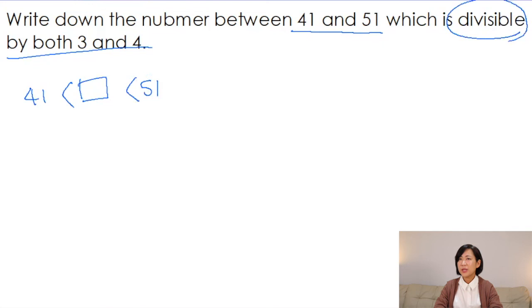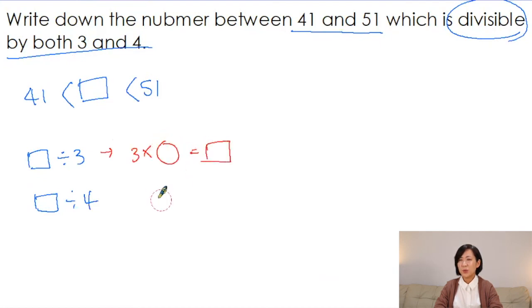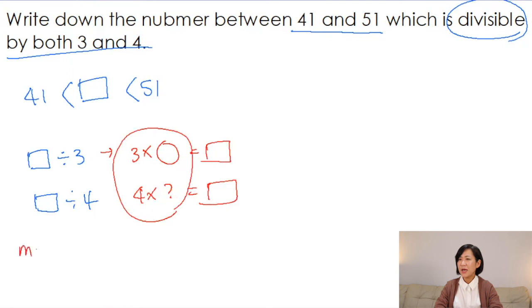Then also you can divide the number by 3 and you can divide the number by 4. Then using all of our clues, we can figure it out. The number must be a multiple of 3 and a multiple of 4. So we need to find the multiples of 3 and 4 that go beside the 41 and 51.